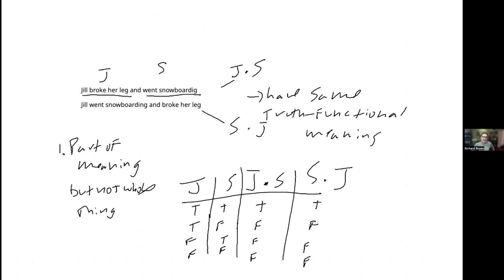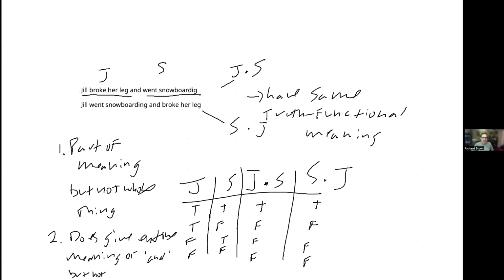Now, on the other hand, some people will hold that this does give you the entire meaning of and, and then they will say but people use it in these other ways to indicate what they mean, so but not the pragmatics.